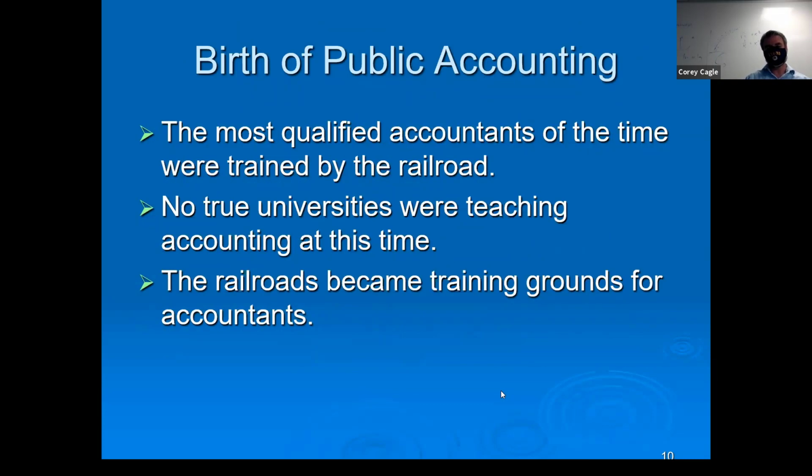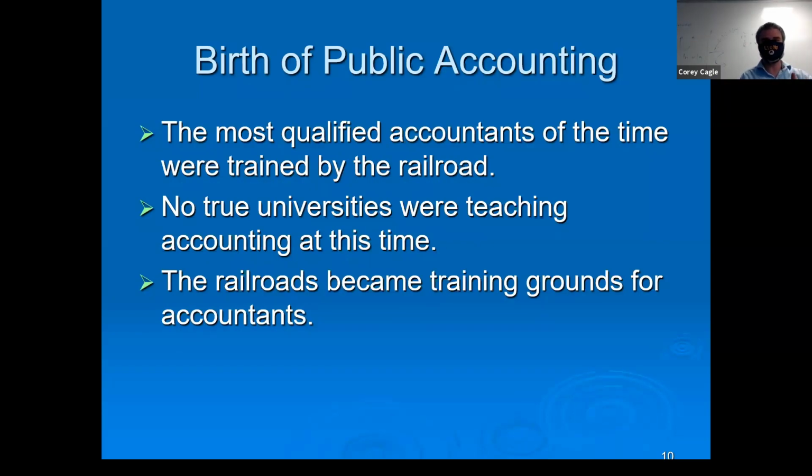Public accounting was born from all of this. You have all these accountants working for the railroads, trained by the railroads. You didn't have accounting being taught in universities yet. You go and learn on the railroads. That's the training ground, right? Feels like a trade. So back then, once public accounting was born, you flowed from industry into public.